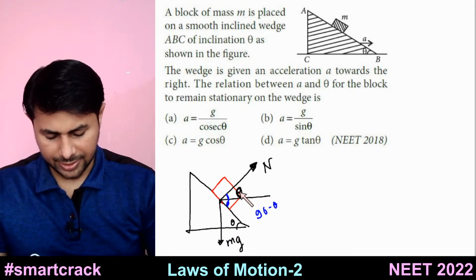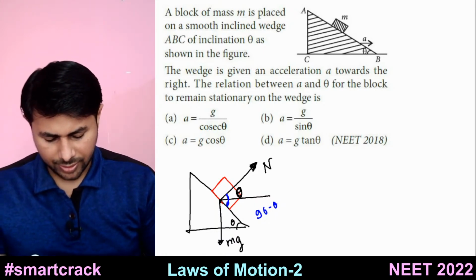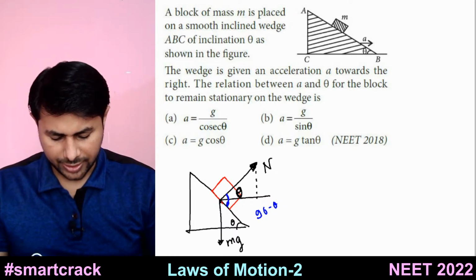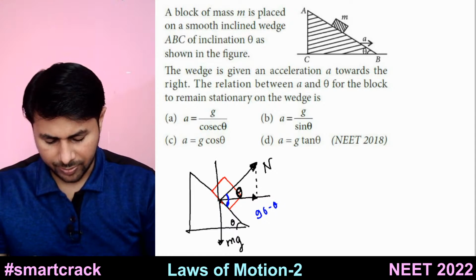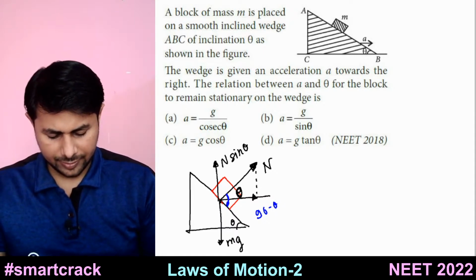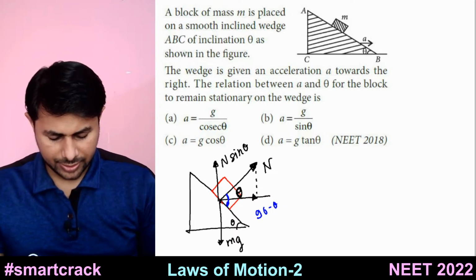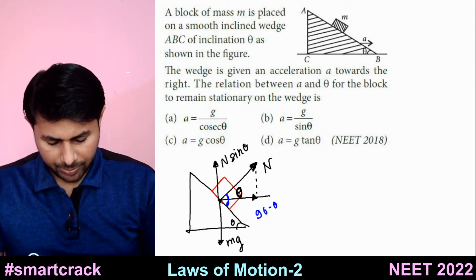That's why this angle will be theta. So we'll resolve the normal reaction along two components, one horizontal and one vertical. This is N sin theta, and the component in the horizontal direction is N cos theta.